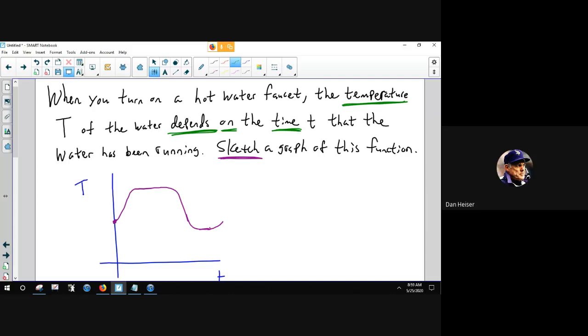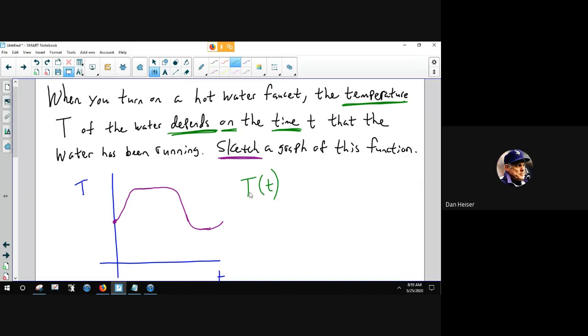Every single function has some quantity depending on another quantity. Something depends on time. If we were to write a formula for this function, we could call it T of x. We could call it big T of little t.